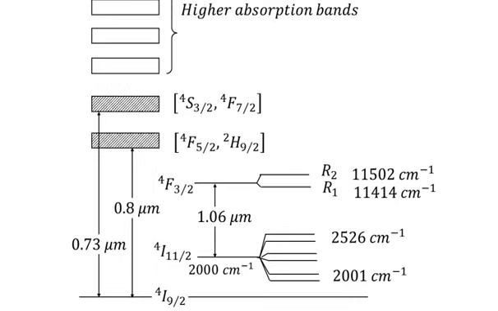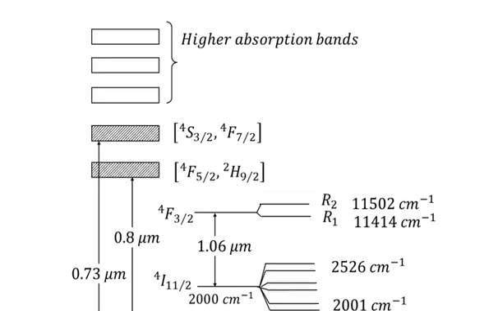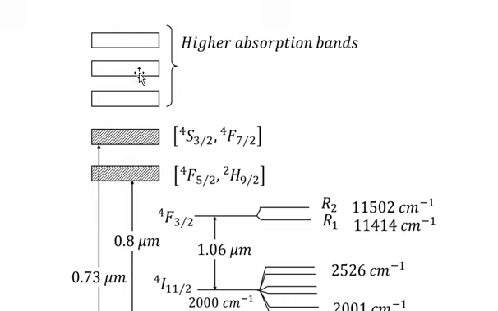On the leftmost you have these absorption bands. The first two bands have been shaded with gray, and the higher bands are empty, shown in white. These are the higher absorption bands, and the lowest two bands are shown.